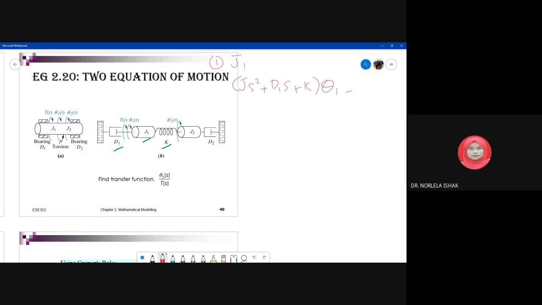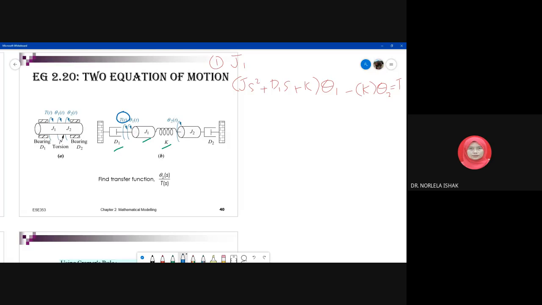K. Okay, good. Minus K multiplied with theta number 2. And equal to 0. Where is the torque? T(s), our torque.